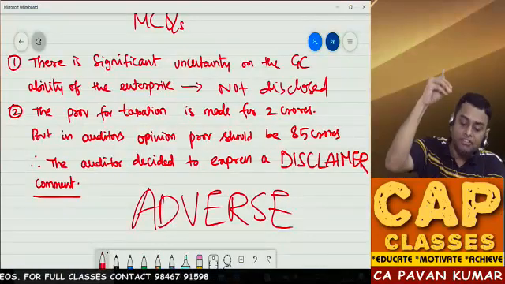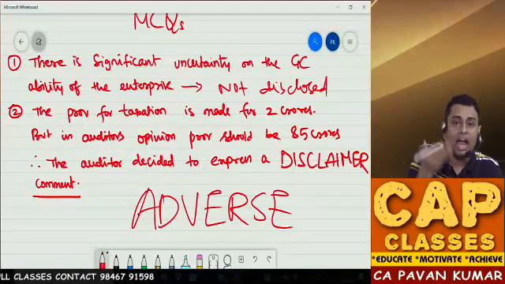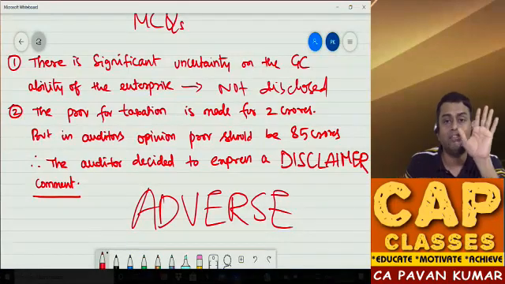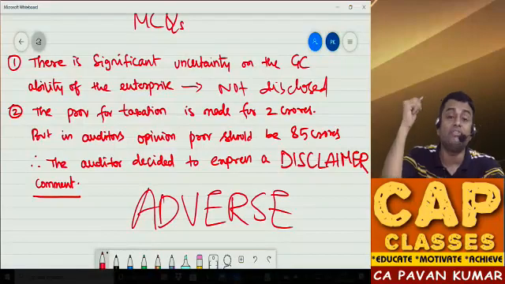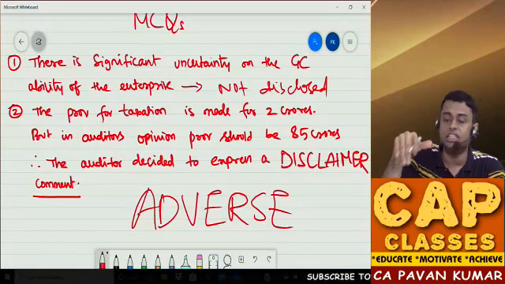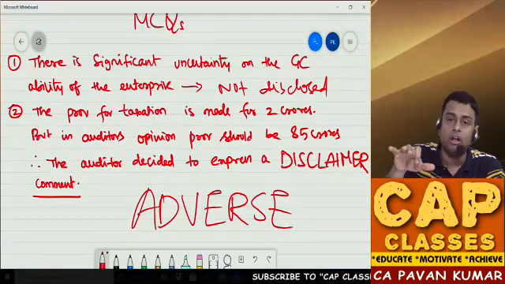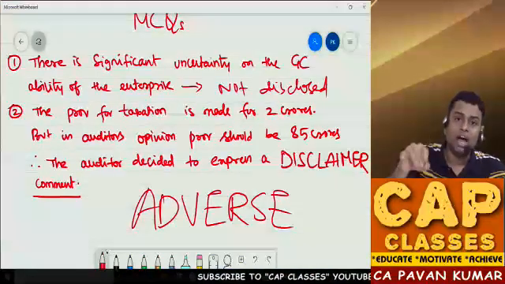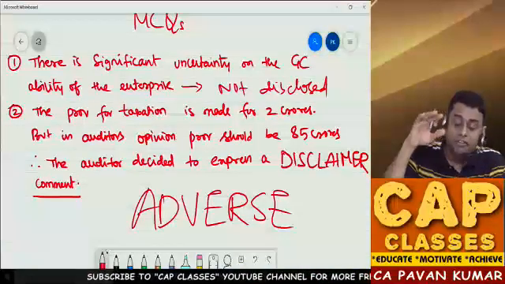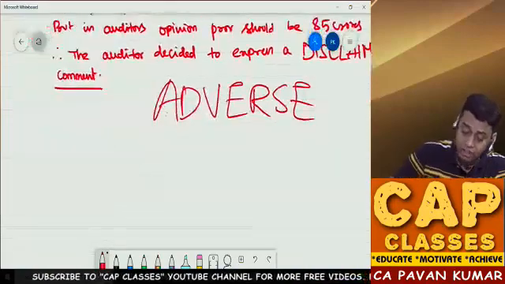That means you have some strong evidence in your hand which tells you that the entity is not a going concern. Unless you have that evidence, how can you say that there is significant uncertainty on going concern assumption? So in this situation, you cannot disclaim your report. You have to express adverse report, and this is one situation.